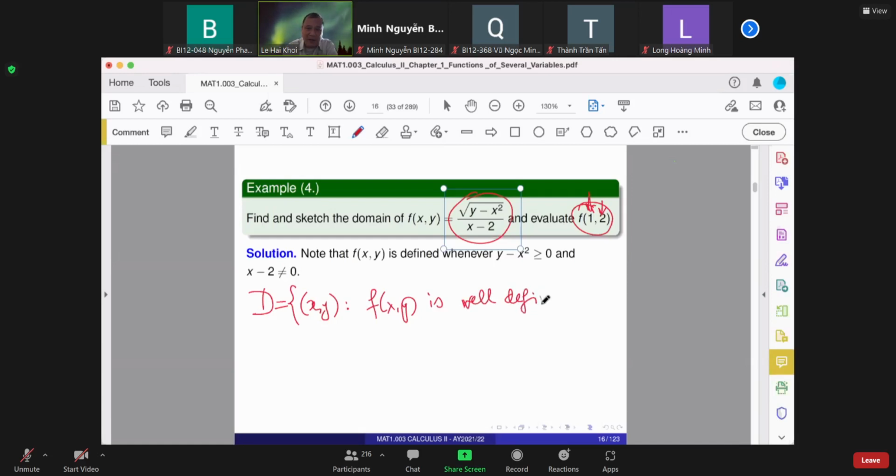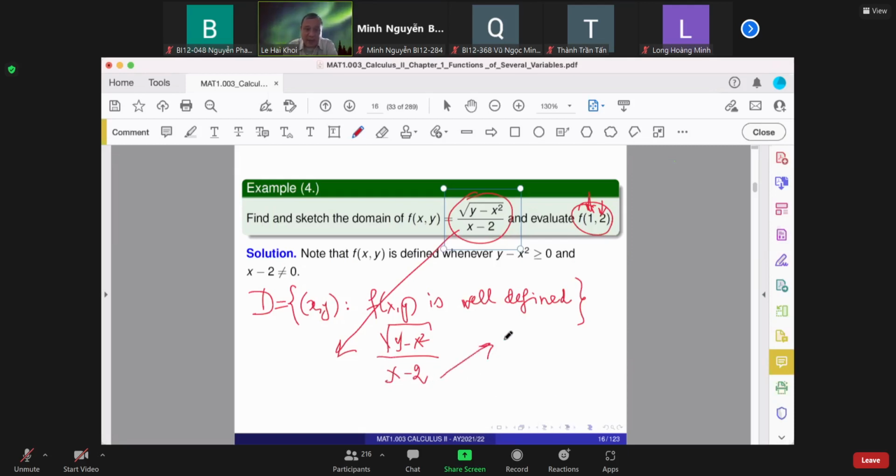Well defined means that the formula of f is well defined. So here you have square root of y minus x squared at the numerator and x minus 2 at the denominator.